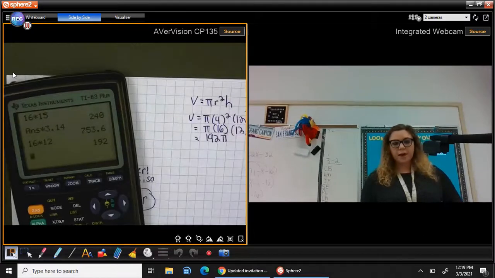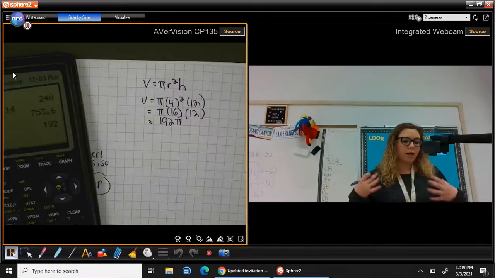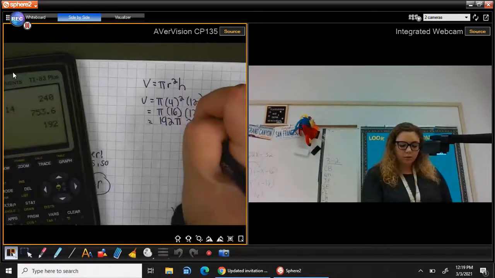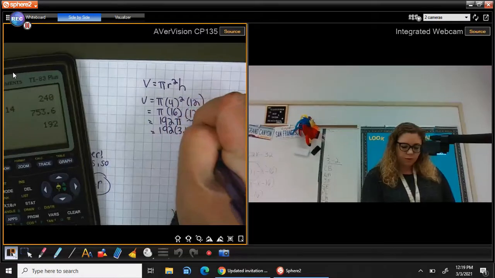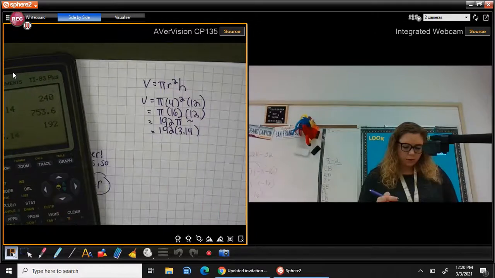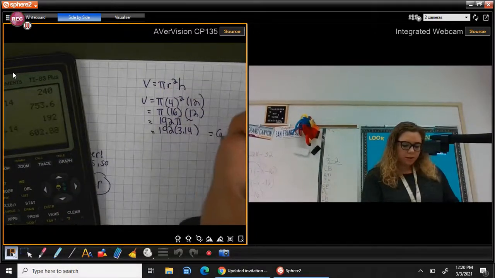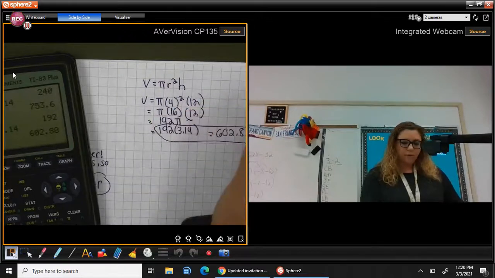Again, if I say leave it in terms of pi, that would be it, but I want a number. So I'm going to do 192 times 3.14, and I'm going to get 602.88 to be my answer.